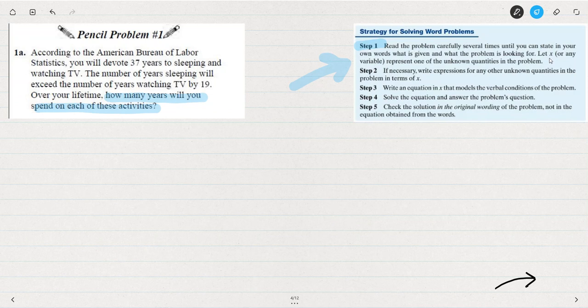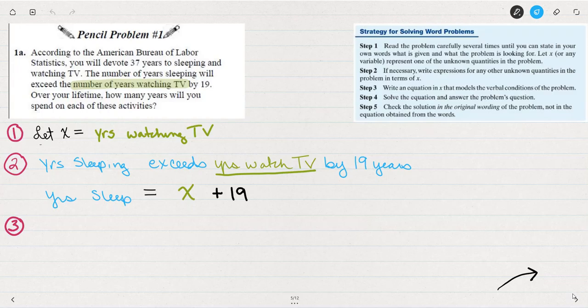Now I'm going to define x. We're going to let x, or any other variable, represent one of the unknown quantities. In my opinion, it's going to be a little easier to let x be the years watching TV.